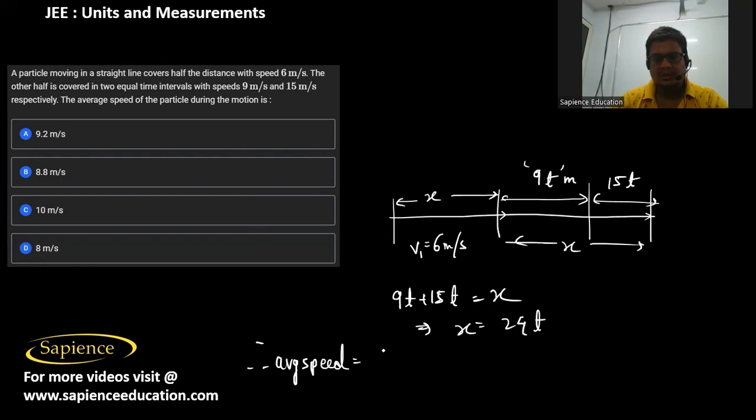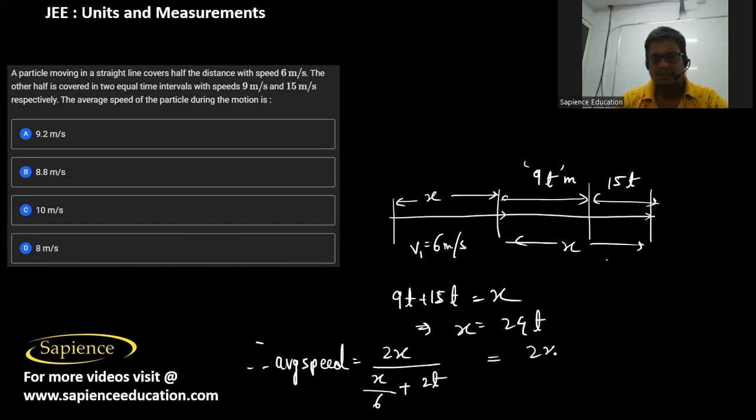Total distance is 2x and total time is, this is distance by speed, x by 6, this is the time for the first half, and for the second half it is t plus t, that is 2t.